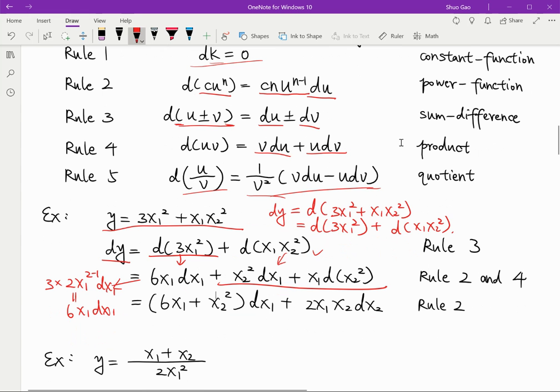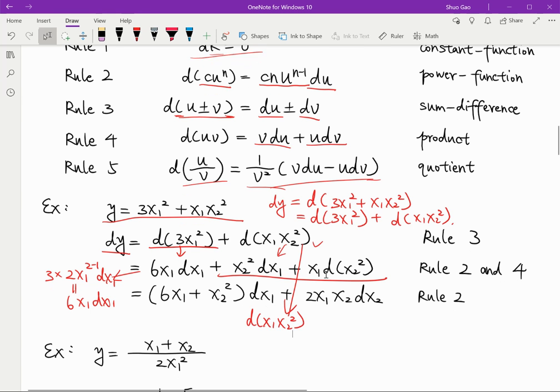Because we have two variables here, it's hard to just take the derivative, so we have to use the product rule, right? For each variable, we can think of that as an independent function. Here in this example, we have d(x1 x2 squared), but we have two variables.